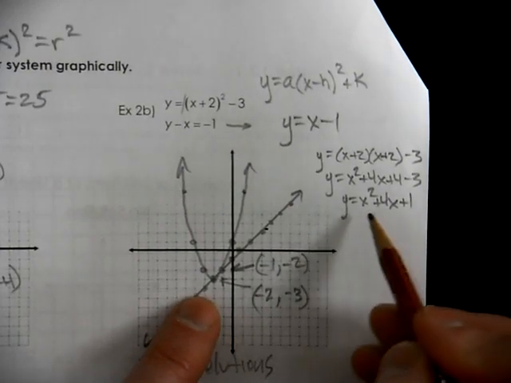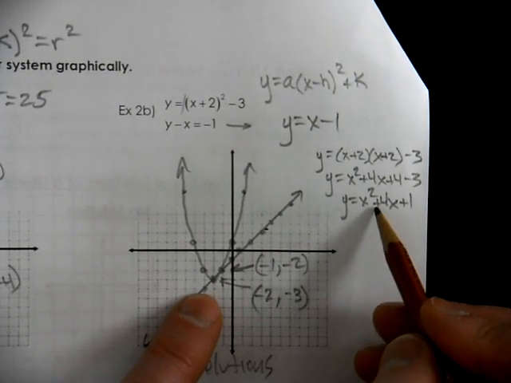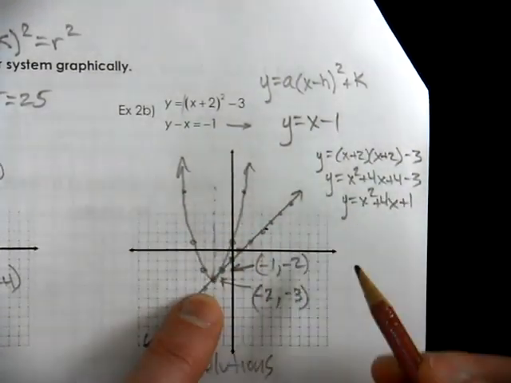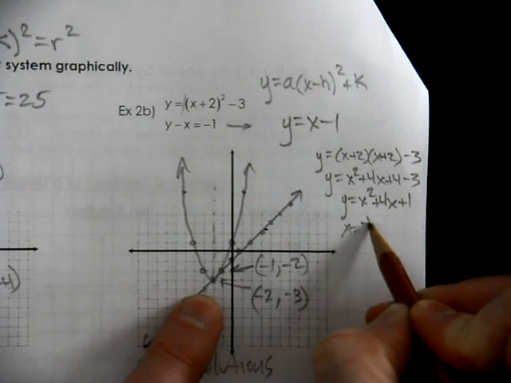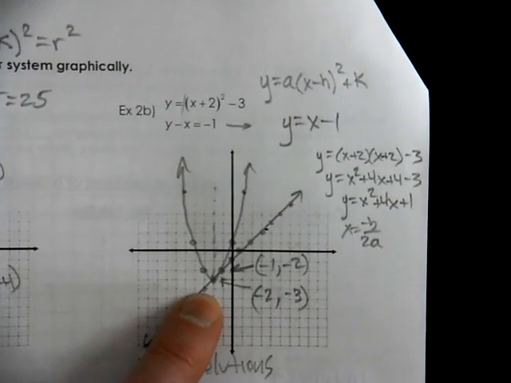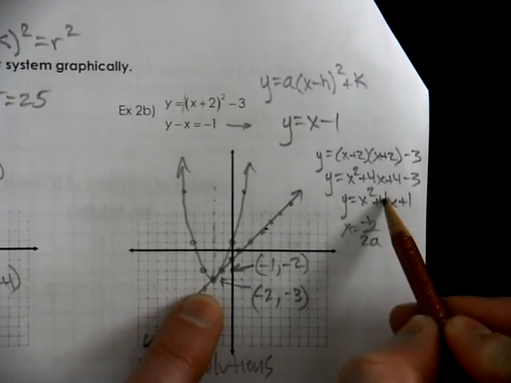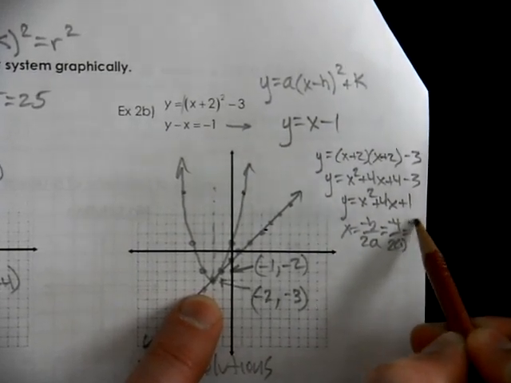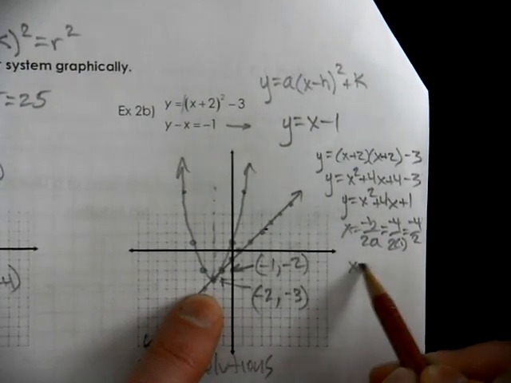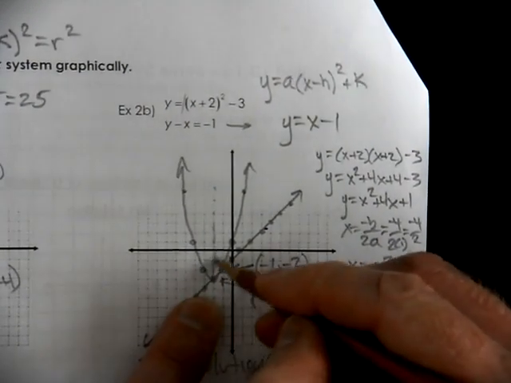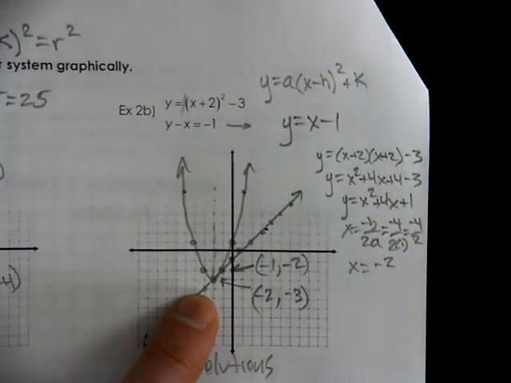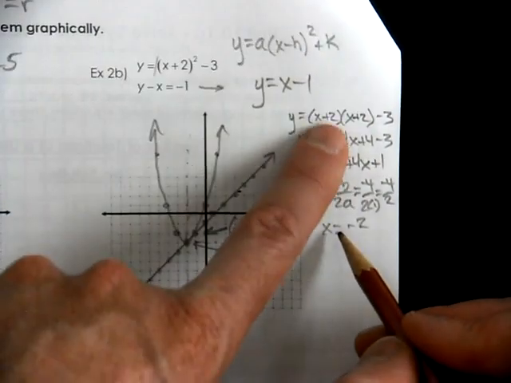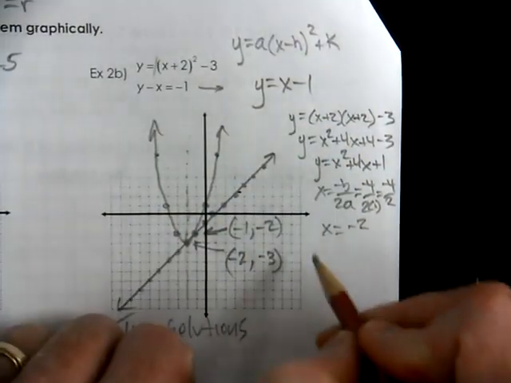Now, how would I graph that? We did this earlier. We've taken tests on it. You need to know where your line of symmetry is. To find your line of symmetry, you want to do negative b over 2a. Your b value is 4. So that's negative 4 over 2 times 1. Negative 4 over 2. So your line of symmetry is going to be at negative 2. That's what we had. And then you could plug that back in to your standard form.